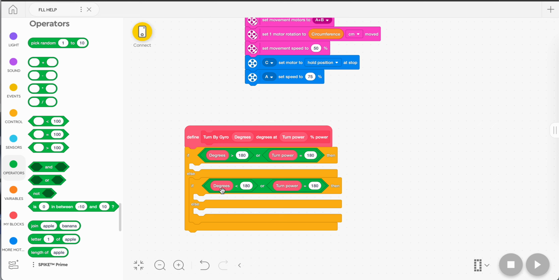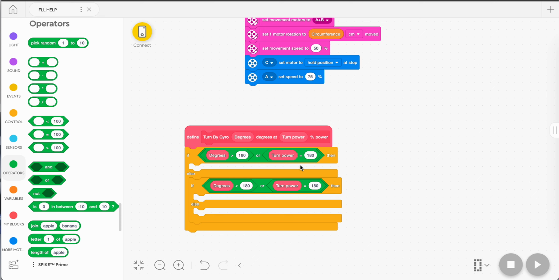There you go. Now essentially what this is doing is it's saying if what you just punched in, what number you pushed, is greater or is less than 180, or the turn power is 180, then do this.